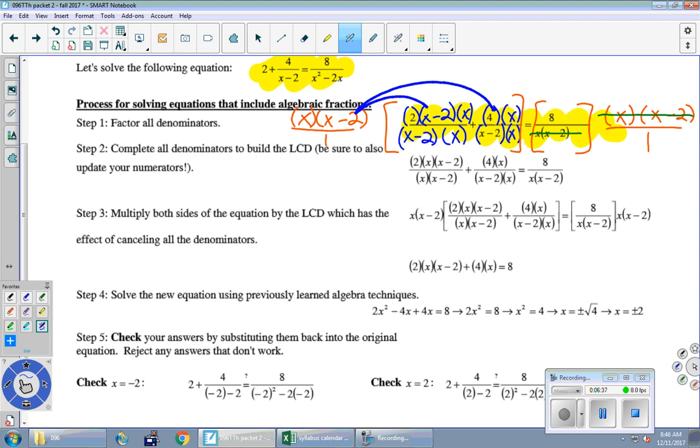The x and the x minus 2, right? They both cancel. And so I'm not going to write out that distributing, but I'm just going to gleefully cross off all of my denominators and the orange x minus 2 that I put there. And if you take a look, there are no denominators left except for a 1, which isn't anything, right?